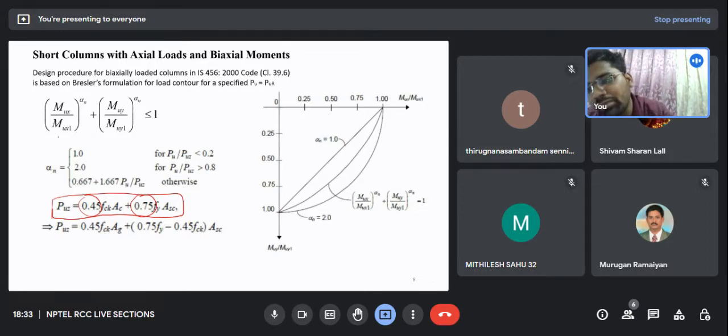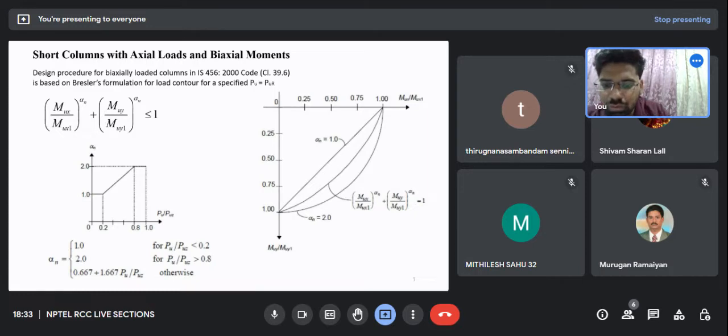With the help of this, you will be finding the axial load, and you will have to check the ratio of what load is coming externally divided by what the capacity is. Based upon this ratio, if it is less than 0.2, then alpha n I will take as 1.